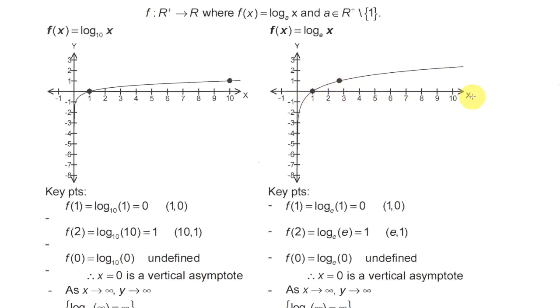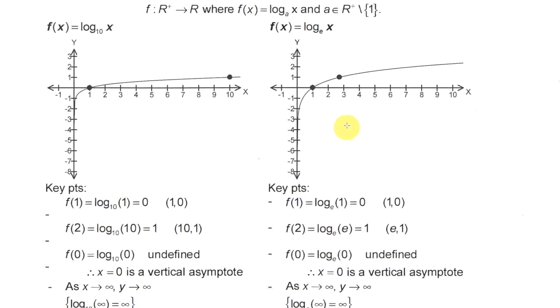So as x increases, y will increase. That's the same for both graphs. The first interesting point on the left-hand side graph is 1, 0. The second point is 10, 1. The base is 10, so I've got 10, 1. The base is e, so I've got e, 1. And that will always be the case.